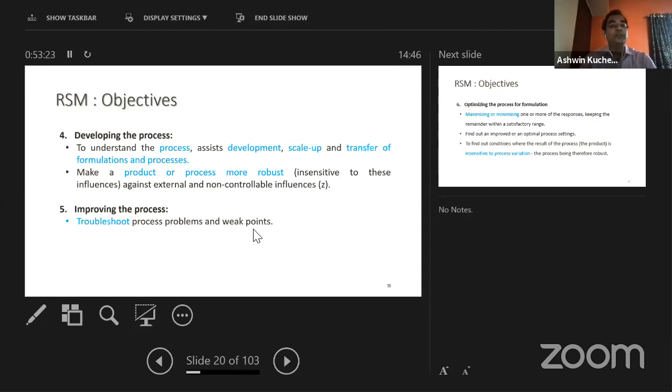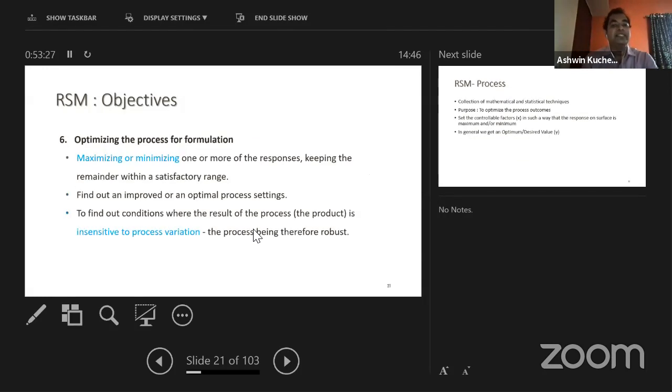The last objective for this RSM is optimizing the process for formulation. Optimization here comes with a great deal, that it is maximizing or minimizing. You know that there are different response surface shapes, where you might have seen that they are either going in a valley type direction or a hill type direction. It depends on what type of response you select. If you are selecting process yield or percent drug release, then maximization should be followed.